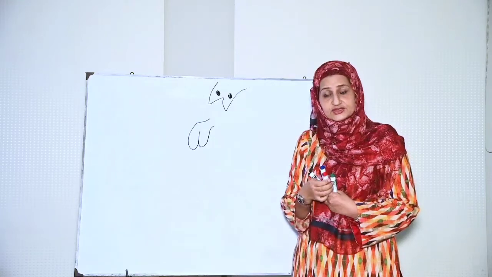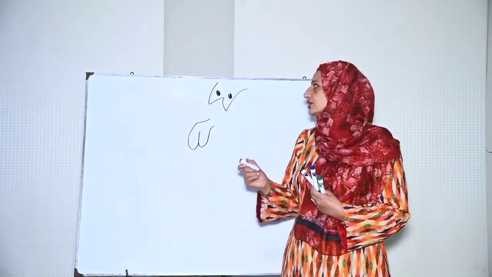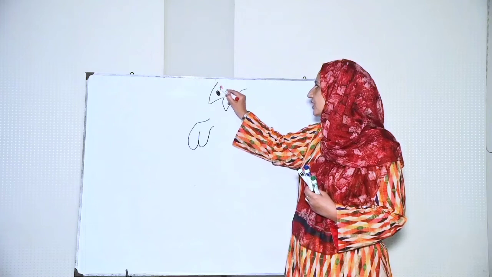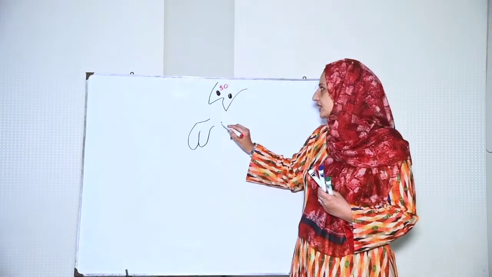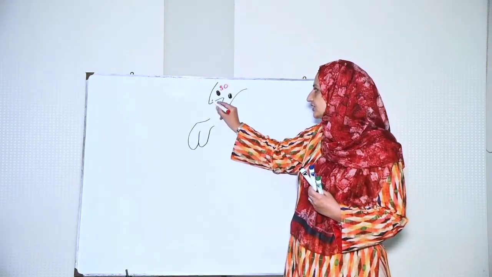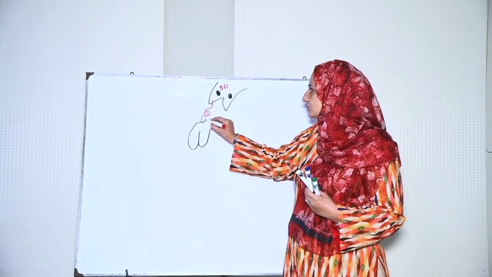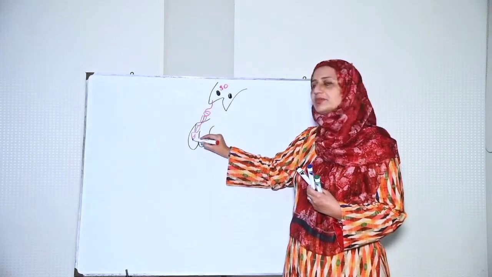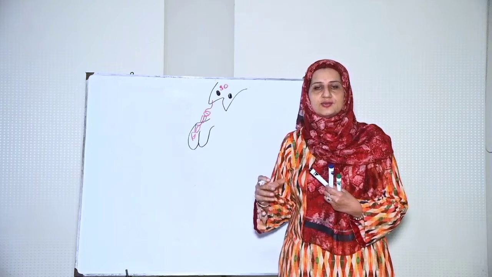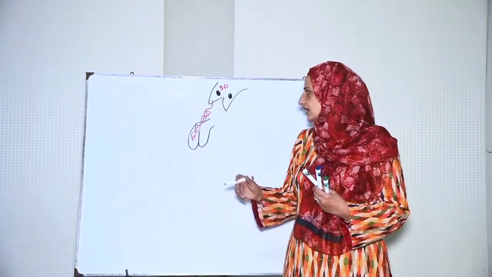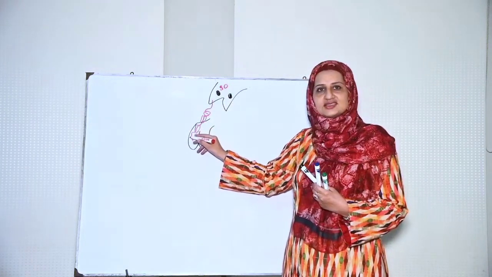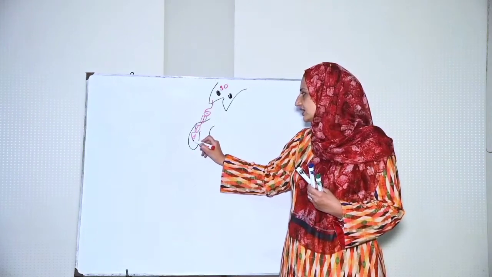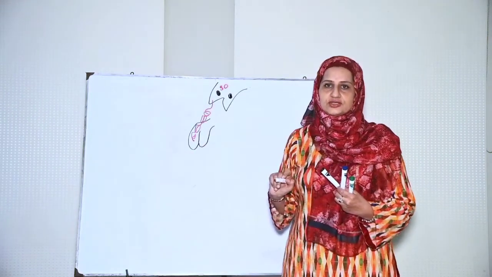Now the substances, the hormones which are released from the supraoptic nucleus, they reach the anterior pituitary through a set of capillaries which is known as the hypophyseal portal system, and through this blood circulation they reach the anterior pituitary.